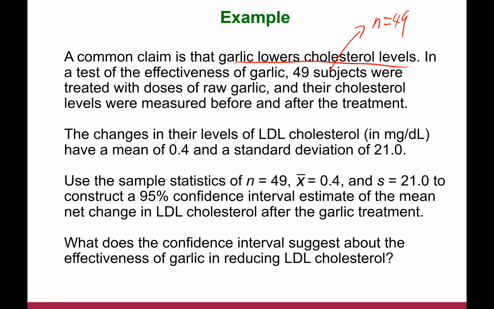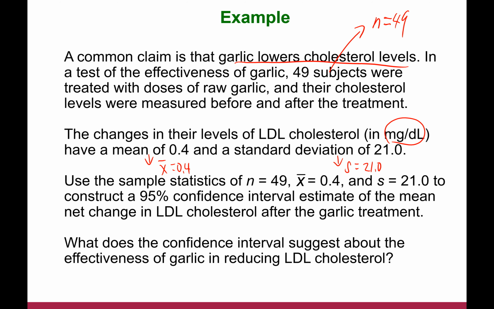Here, 49 subjects is sample size 49. The changes in their levels of LDL cholesterol in milligrams per deciliter have a mean of 0.4, so we get a sample mean equal to 0.4. Because it's a sample, we also have a sample standard deviation equal to 21.0.